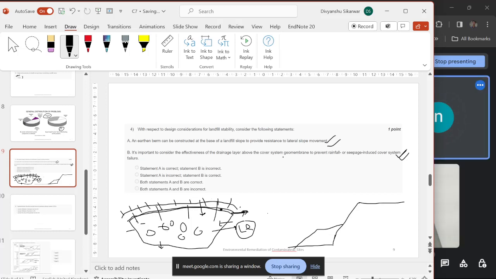Yes, sir. It prevents failure of the cover system. So what do you think? Both are correct. Yes, sir.